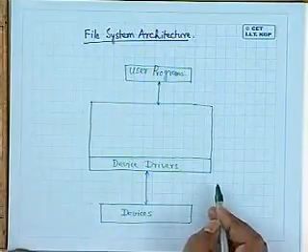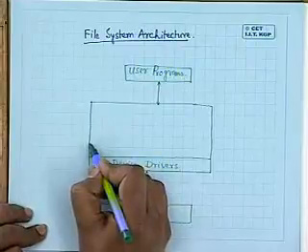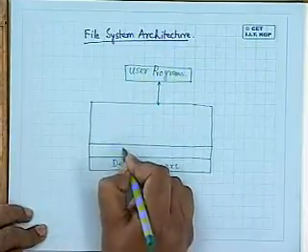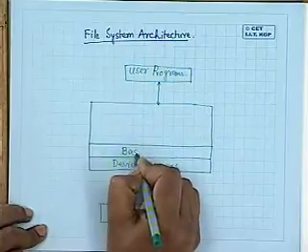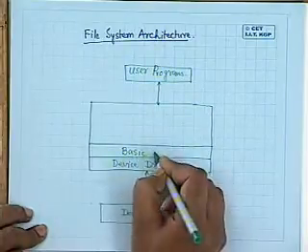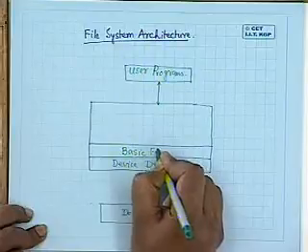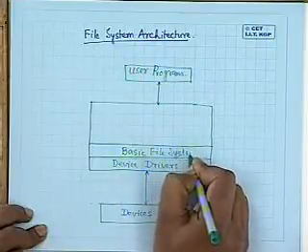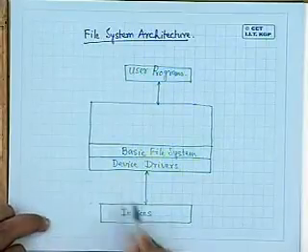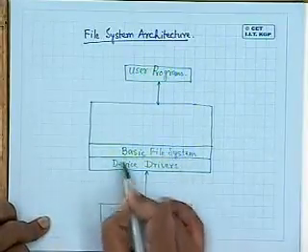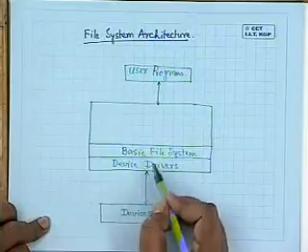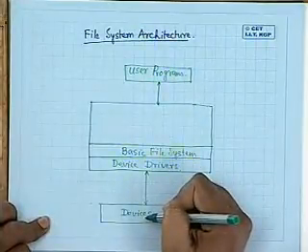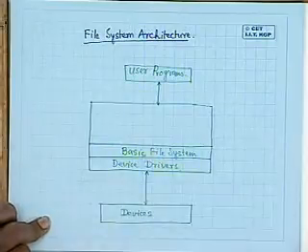Okay? Above the drivers, the layer that we have is called a basic file system. Okay? So this basic file system is the primary interface between the computer system and the environment outside the computer system.